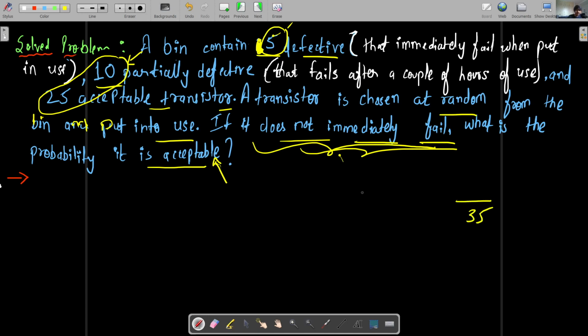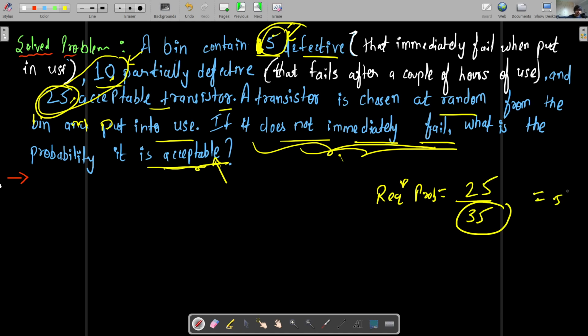So let me write the required probability. In the original space we have 40, but since we already know this category is excluded because it doesn't fail immediately, these two are the cases. How many acceptables are there? 25. So we can directly write 25 by 35, which is 5 by 7.